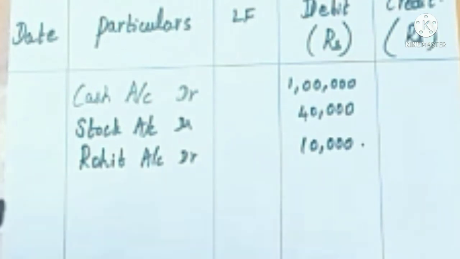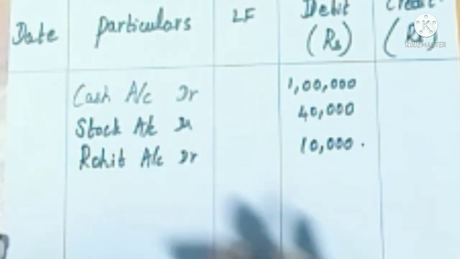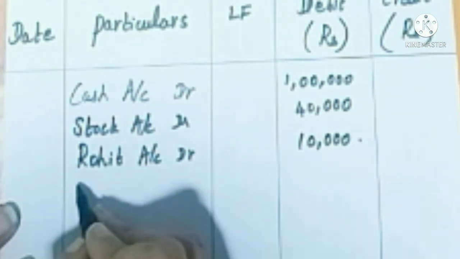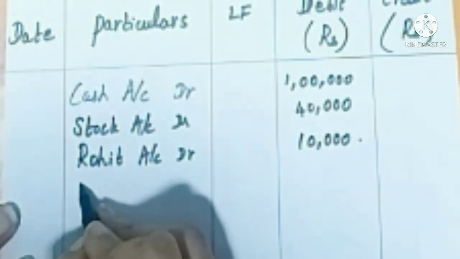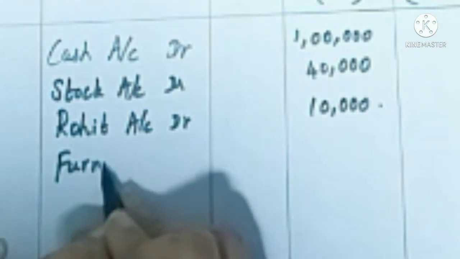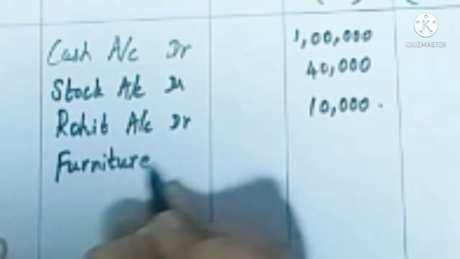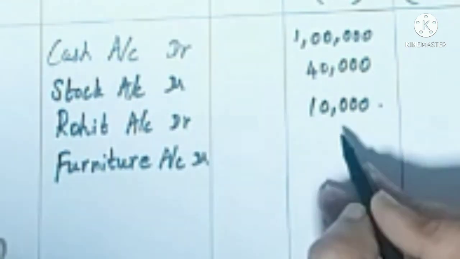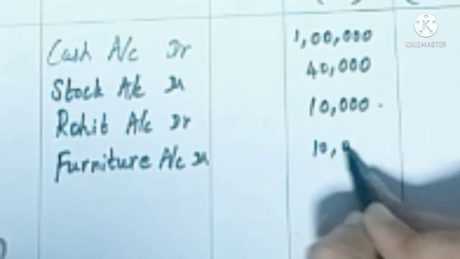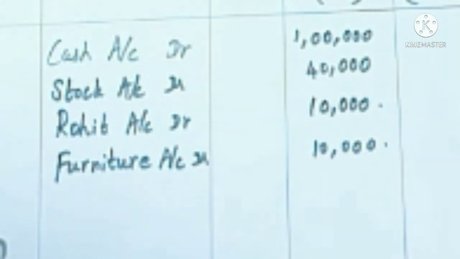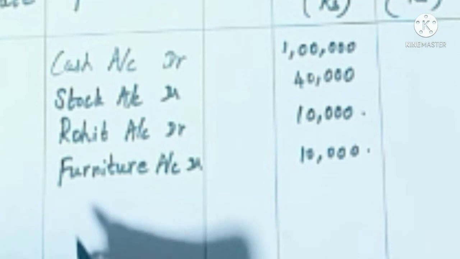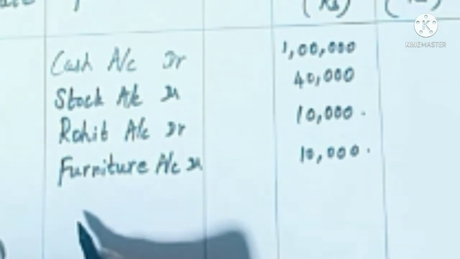Furniture is there in the business. It is an asset. Increase in asset should be debited. So furniture account is debited. And liabilities amount to 40,000 rupees.